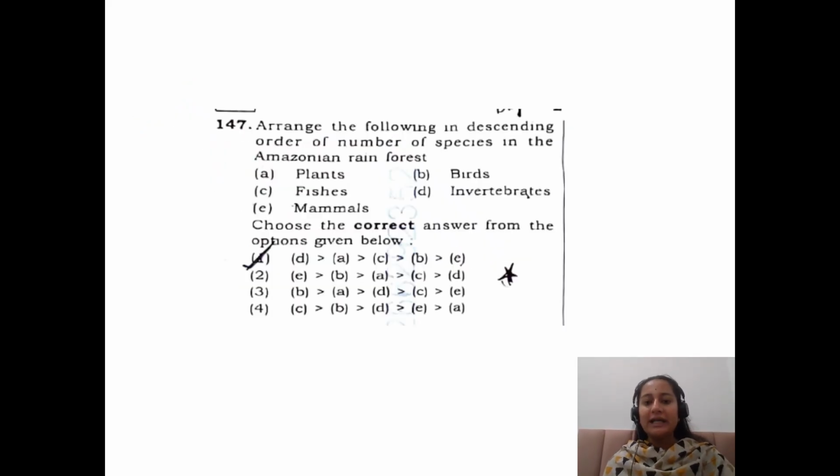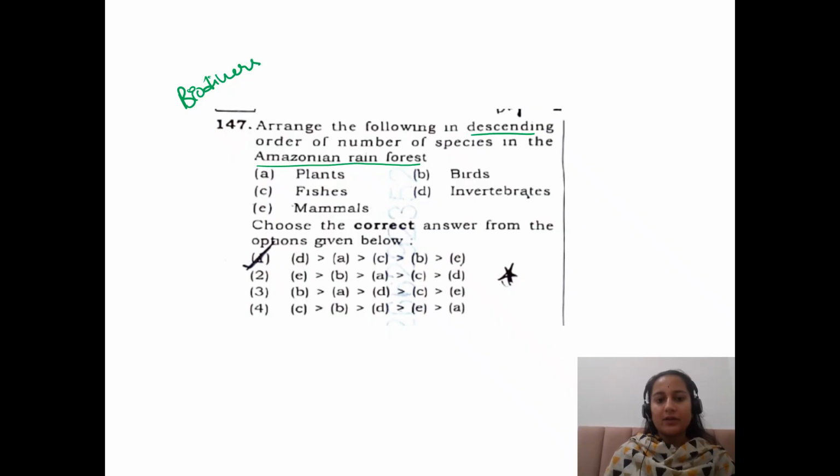Arrange the following in descending order the number of species in the Amazon rainforest. This is from biodiversity and its conservation. They are asking about the descending order, so we need to arrange them from high to low.